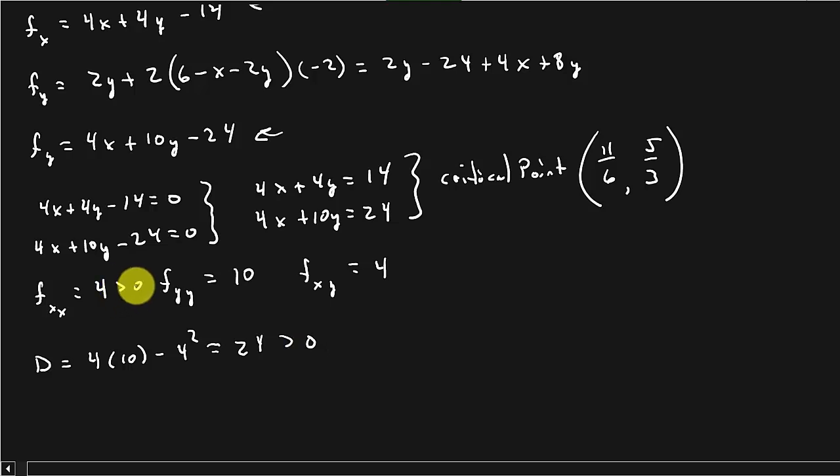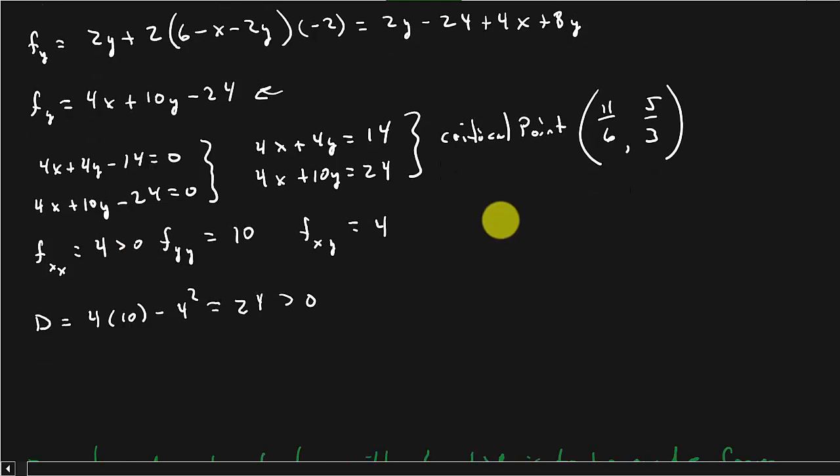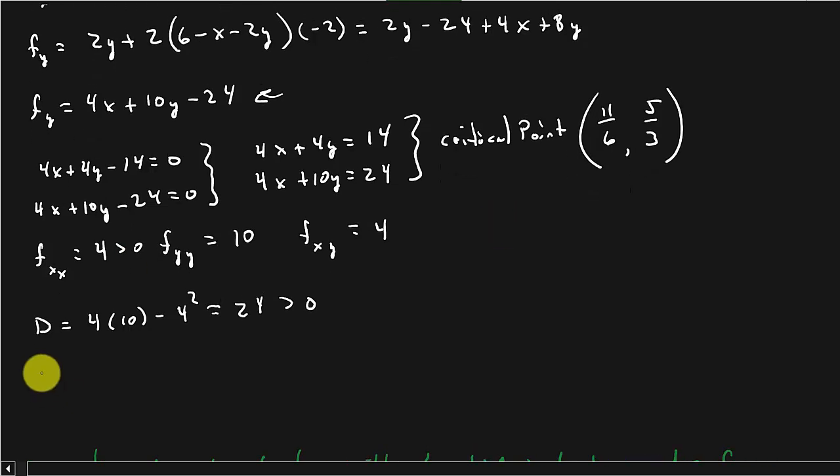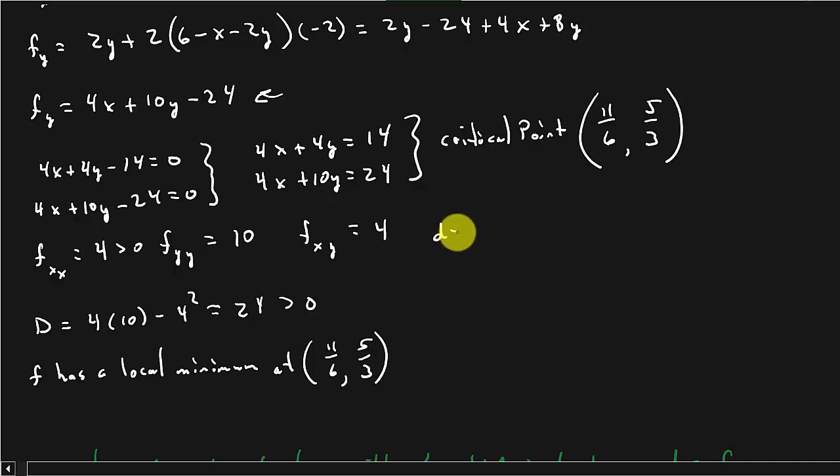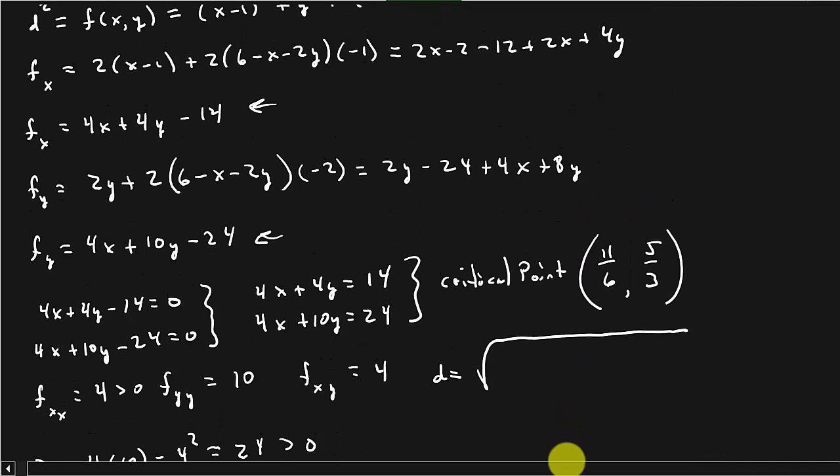And then we also see that the second partial with respect to x is also positive. So we can say f has a local minimum at 11/6, 5/3.